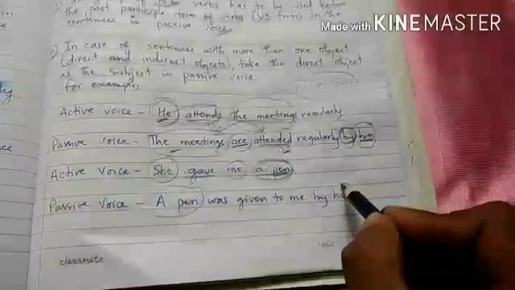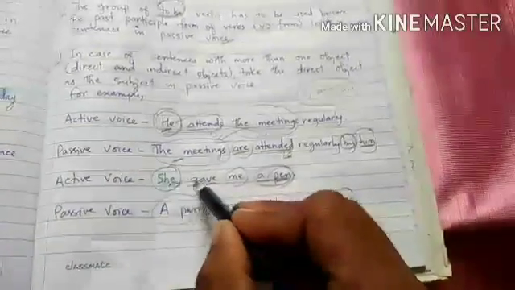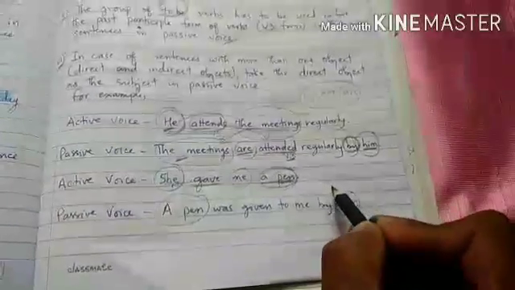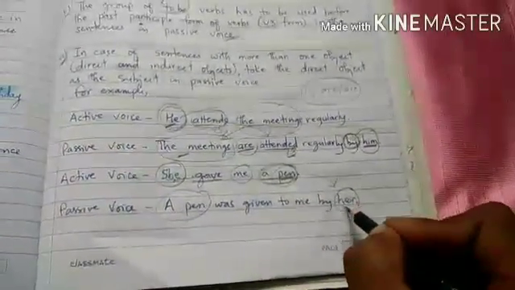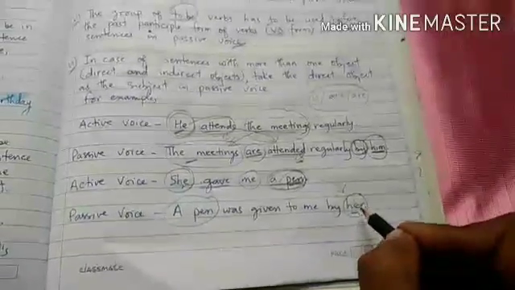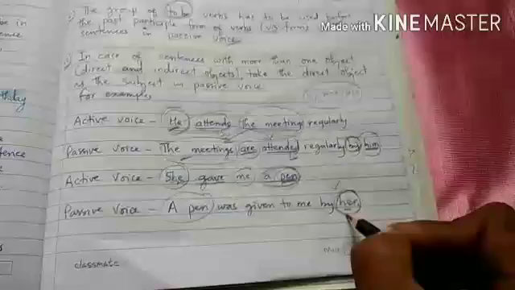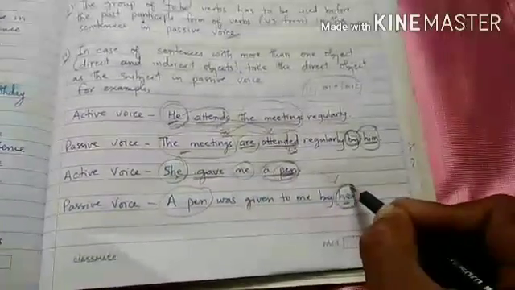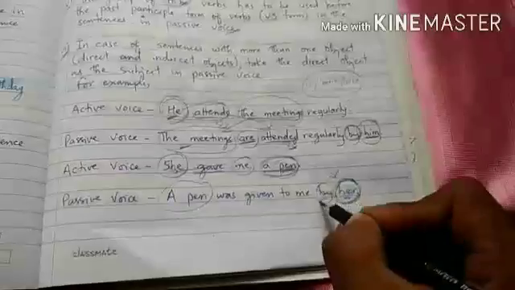So her is the object here, which was the subject she. So when we change the pronoun she into object, it becomes her. Okay. So before the object in passive voice, as I explained to you, we put the preposition by. So we have done that here.